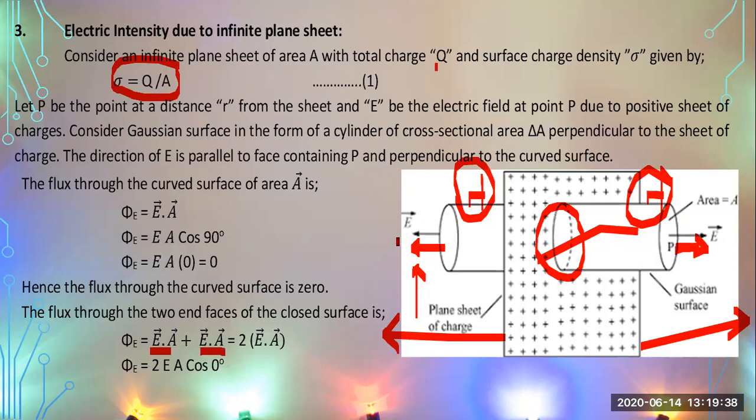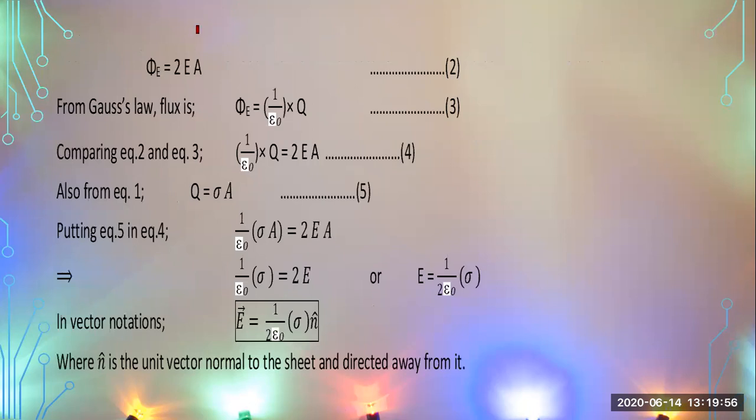Both have 0 degree, so that's why it will be twice EA, because the surfaces have the same area. So you have added these two, that is 2EA cos 0, and cos 0 is basically 1. If you put in the values, this is the formula, and you are getting the electric flux through both the surfaces of the infinite charge sheet, to the right side and to the left side, that is 2EA.